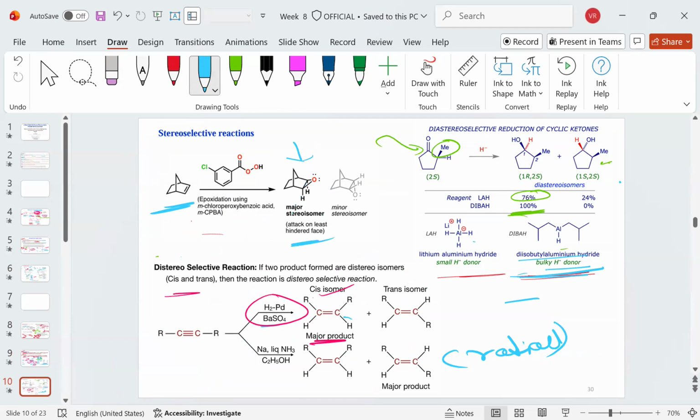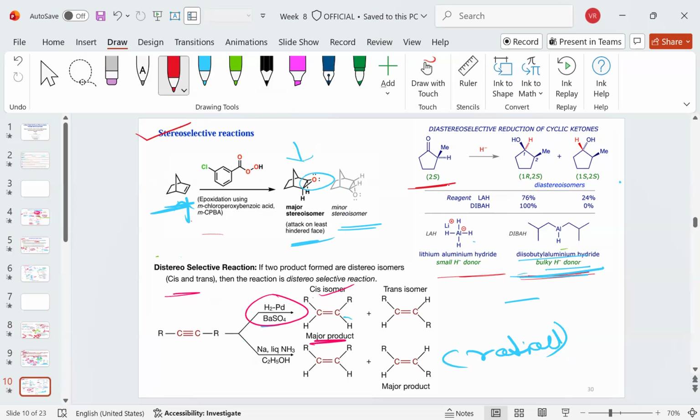Why? Because attack from the downside is sterically hindered, and therefore we get exo epoxidation. We also get a minor product. This type of reaction we call a stereoselective reaction. We get both major and minor products, which is not the case in a stereospecific reaction. That's the minor difference.